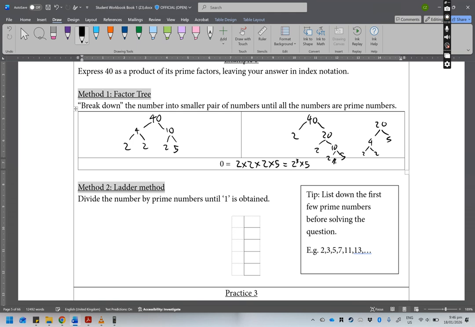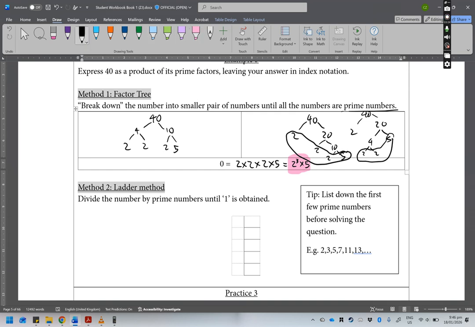So regardless of how you break it down, as long as you break it down into the simplest prime numbers, you will always get the same answer, which is 2 cubed times 5.